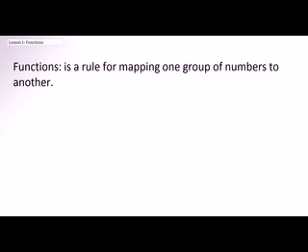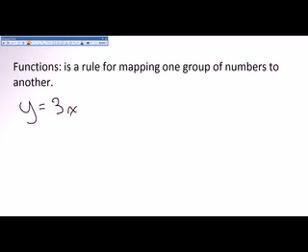So let me give you some examples of functions that we've seen in the past. For instance, if I give you something like y is equal to 3x plus 1, this is considered a function. This part here, the 3x plus 1, is the rule, and our x value is considered our input.